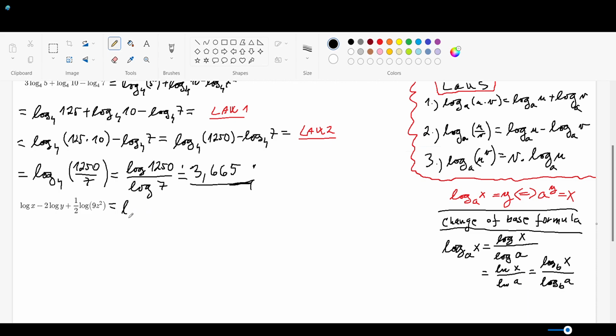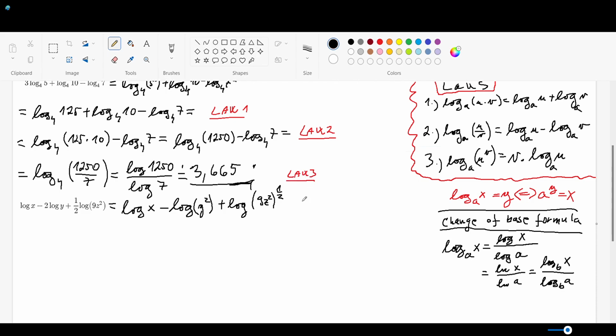So this logarithm can be written as log of x minus log of y squared plus, and you can do it in one step, log of 9z squared, the whole to the power of 1 over 2. So we used law number 3 here.